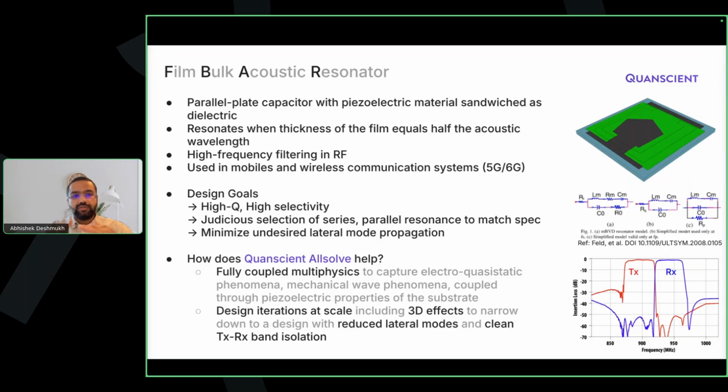So when the wavelength of the elastic wave equals the thickness of the film of the material, then you will get resonance. These filters are mostly used in high frequency RF applications, and most applications could be in mobiles or wireless communication.